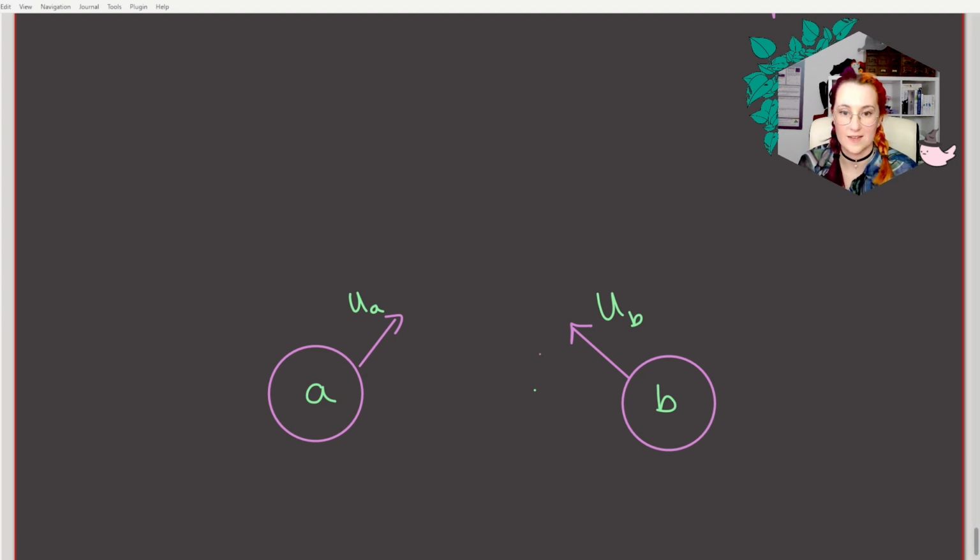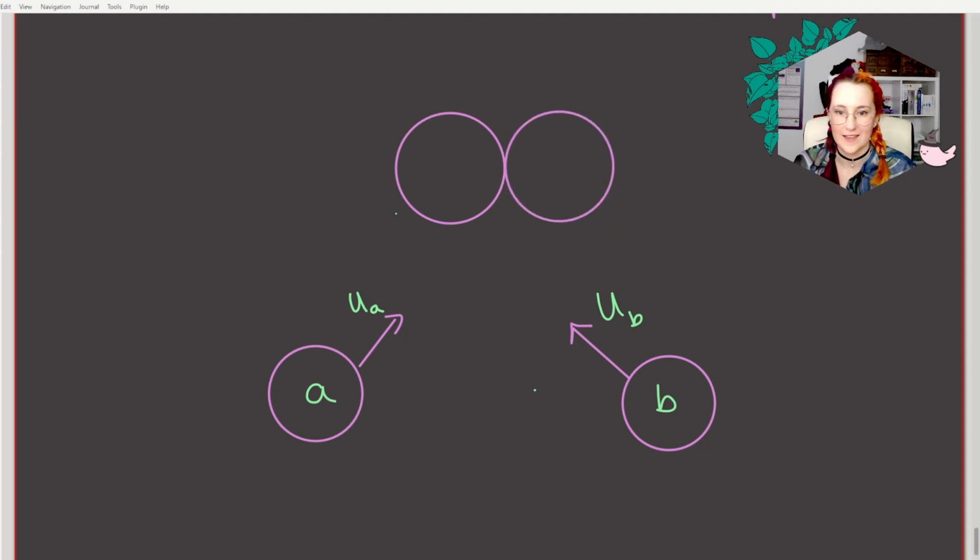Then when they collide, okay, trying to draw circles is, there we go. When they collide then, they touch at a common tangent. That works perpendicular to their center lines of motion.